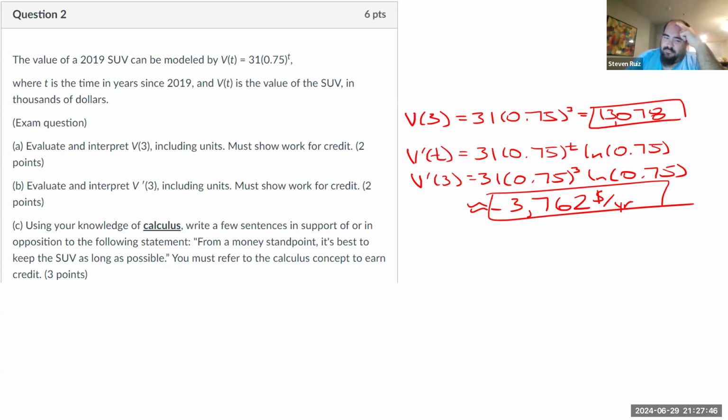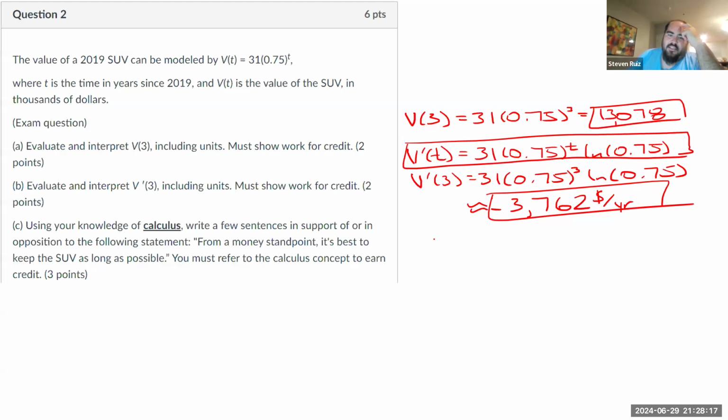Here's the thing, I think you can justify both standpoints. As I say that, I can't think of a reason why I would be in opposition to this statement, but I'll give you my first impulse as to why I agree with this statement. We want to use calculus to justify our answer. So if I look at the derivative, I'm going to box that in too.